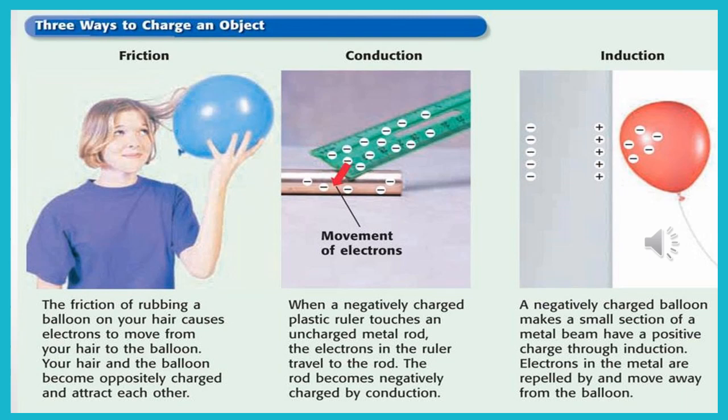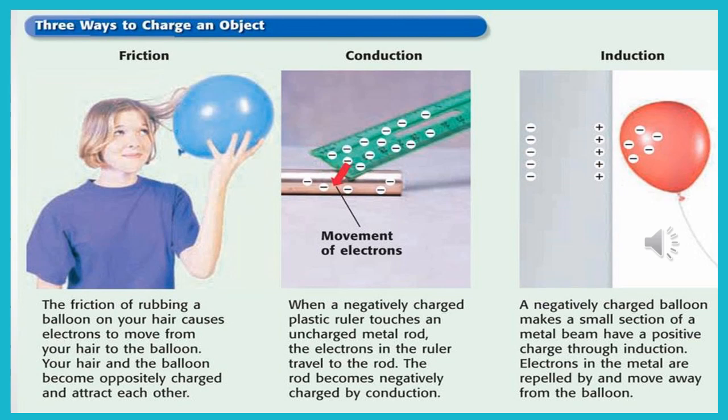Good morning, students. In our last class on static electricity, we saw that when two objects are rubbed against each other, an exchange of electrons takes place between them, and due to friction, static charges are developed in them.